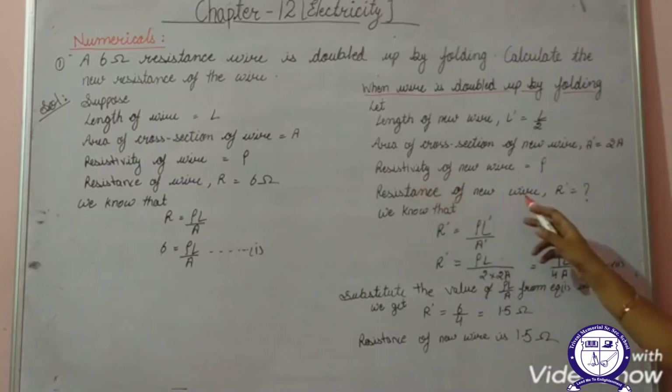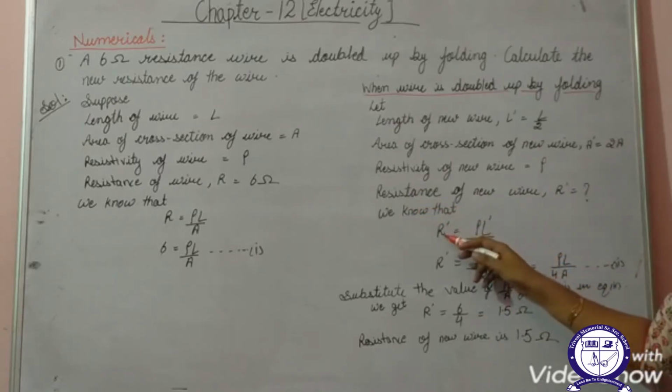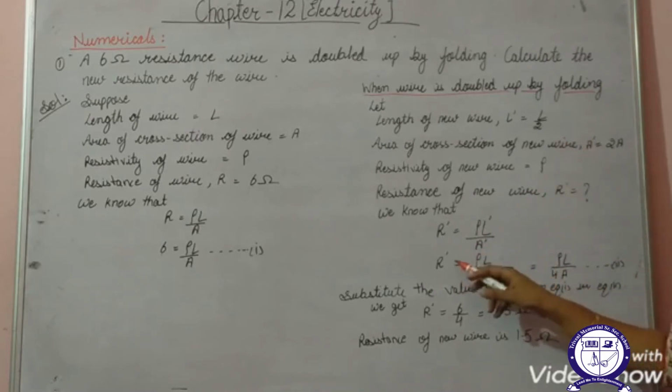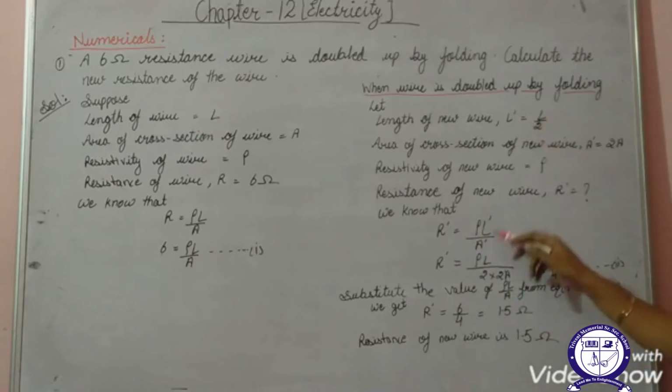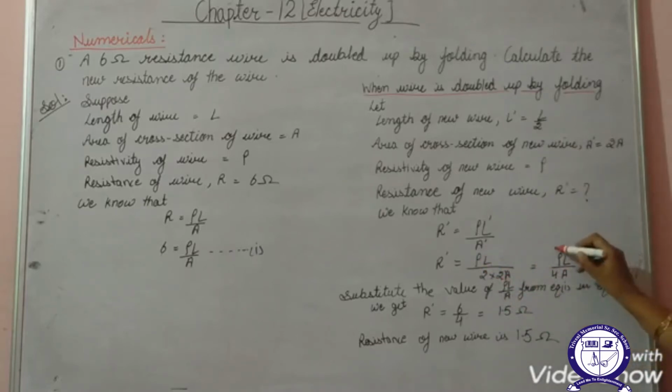Now the resistance of the new wire, let it be R dash. Now we know that R is equal to rho L by A. So from that we can say that R dash will be equal to rho L dash by A dash. Now we'll substitute these values. R dash is equal to rho as it is. Instead of L dash we can write L by 2, and instead of A dash we can write 2A. So on solving it, what you'll get is rho L by 4A.